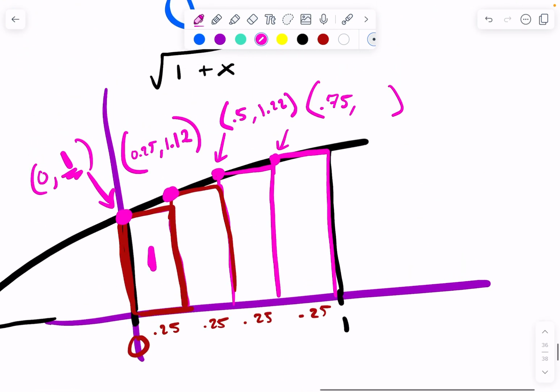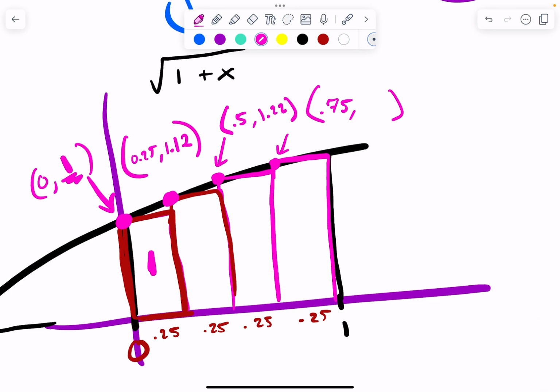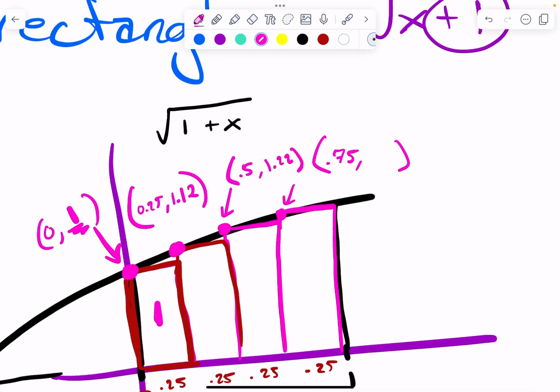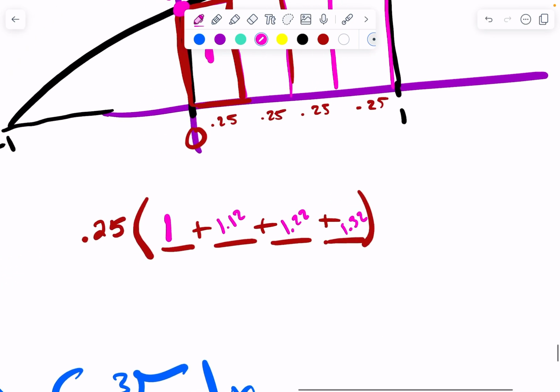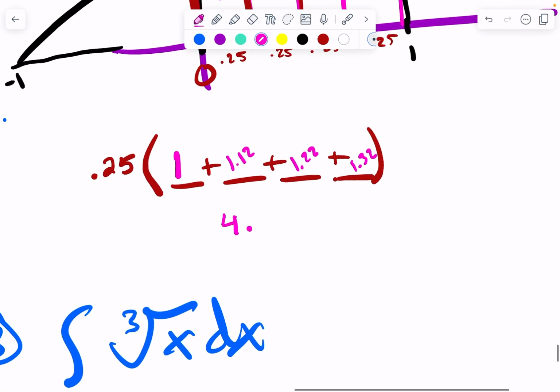1.22 and 1.75 if I plug the 0.75 in. 1.75, the square root of that is 1.32. Hey, that was really kind of coincidental. How nice. Okay, so when I add all 4 of those things together, I get like 4.66.